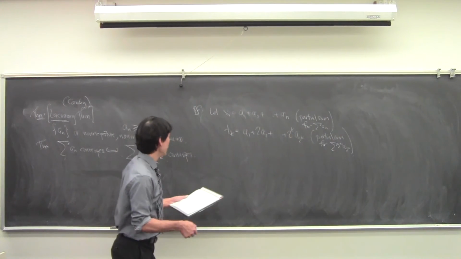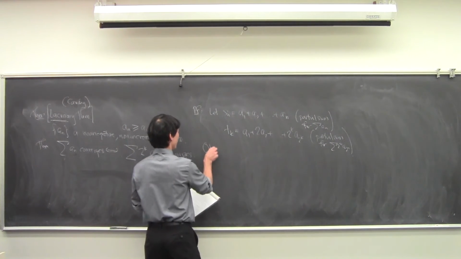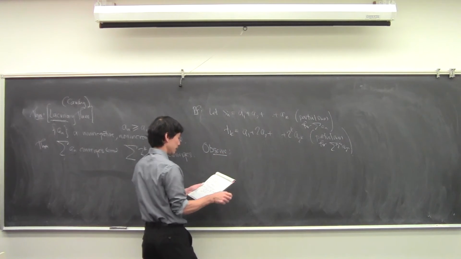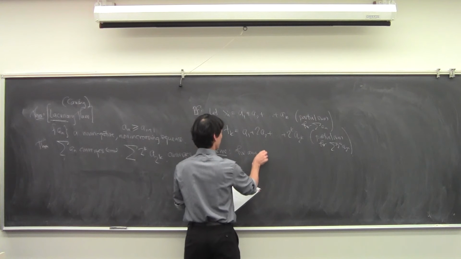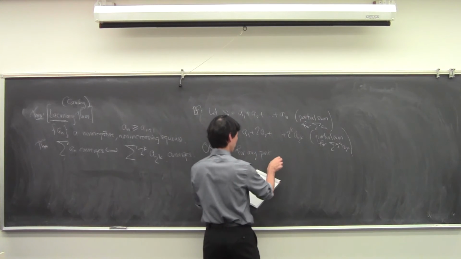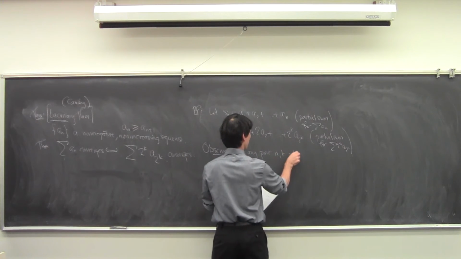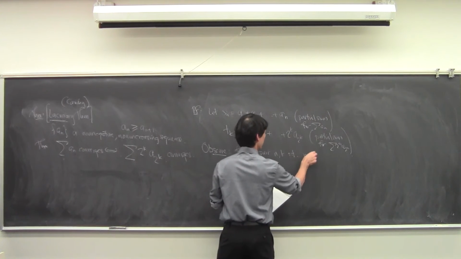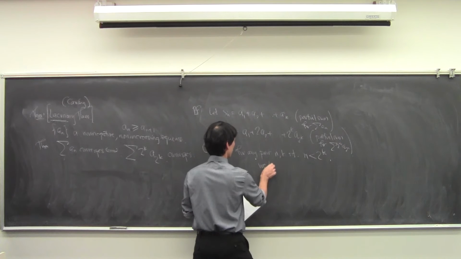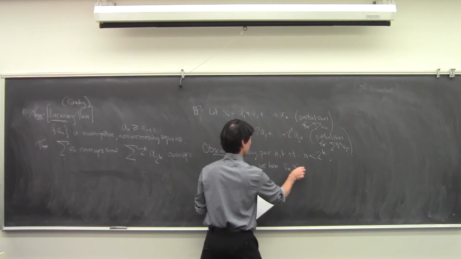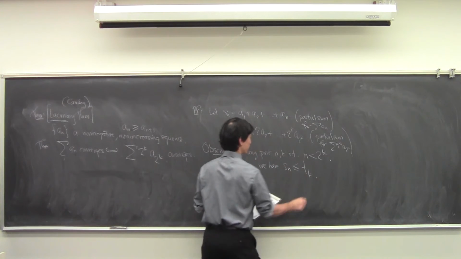Okay, so here's the point. Observe that for any pair n, k such that n is less than 2 to the k, we have S of n is less than or equal to T sub k.